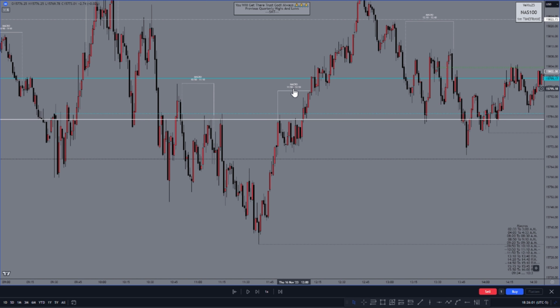This macro, 11:50 to 12:10. 98%, 99% of the time this macro will consolidate, as you can see here, but it will sometimes give you an entry to go long or going short. As you can see here, we have a fair value gap.